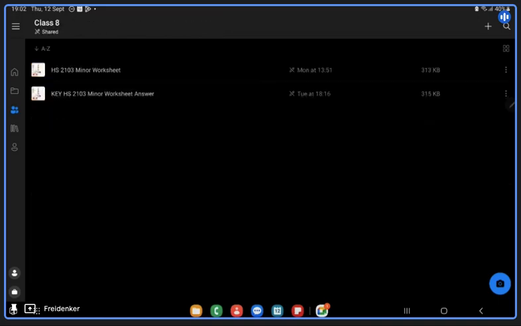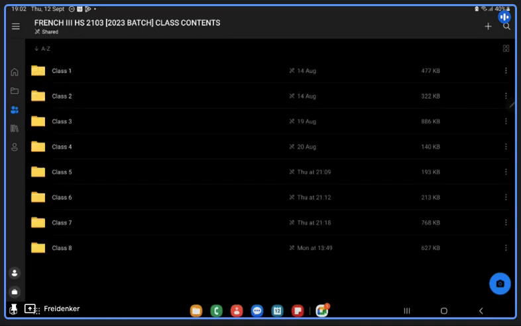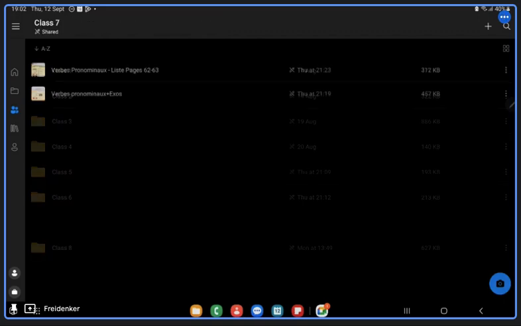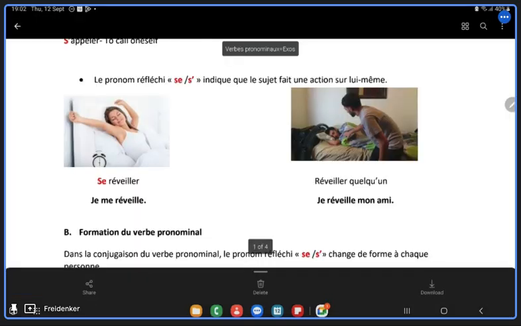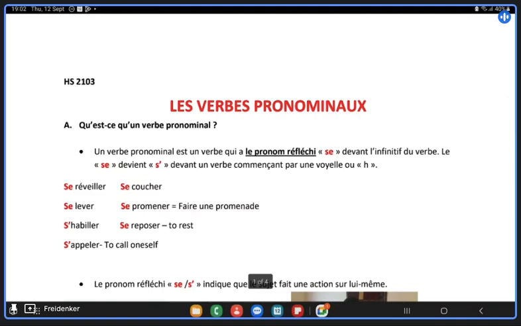Class 8 is basically the minor worksheet. Class 6 is basically based on the rules given in class 7. In class 7 there are these rules, so you have les verbes pronominaux. It basically involves verbs.